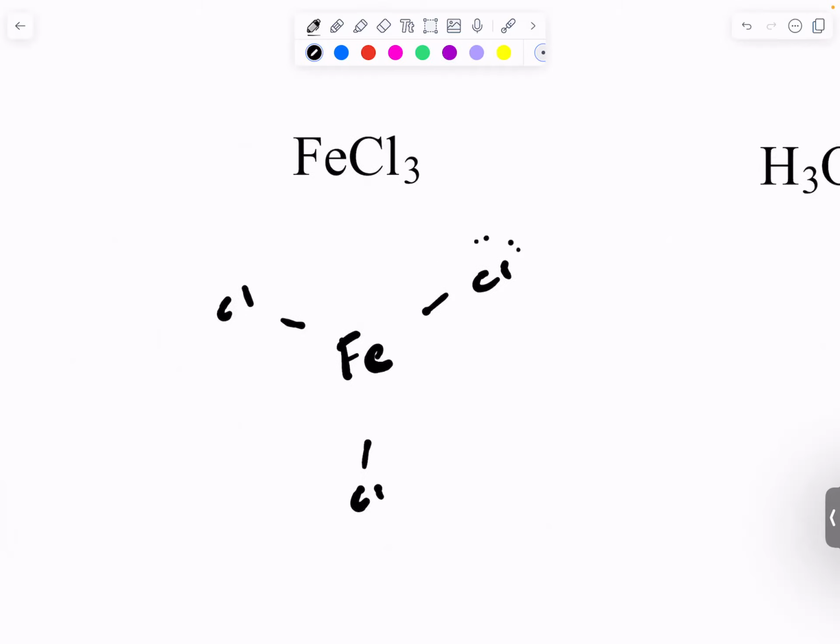Good. And then for Fe, it being a metal, how many electrons does it want? A good question. With the metals, I'm just going to categorize a few: Fe, aluminum, boron, not a metal, but I'm grouping all these together.